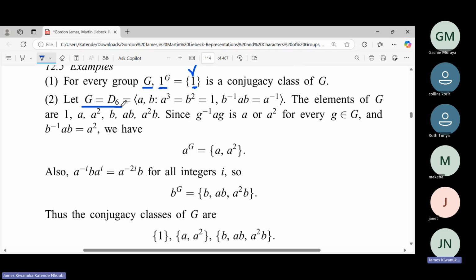Now let's pick the dihedral group of degree 3, the symmetries of an equilateral triangle. So these are the defining relations of D6. And this is a list of all the elements in D6.